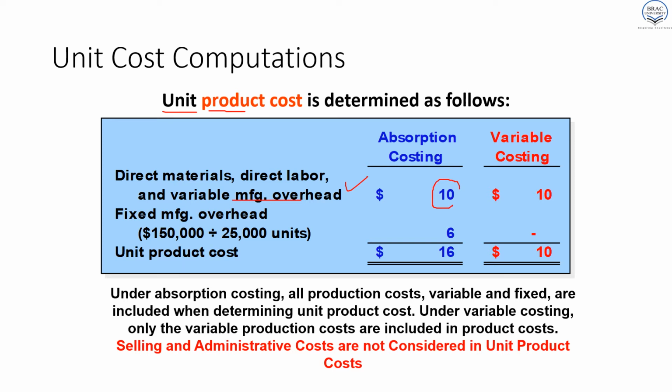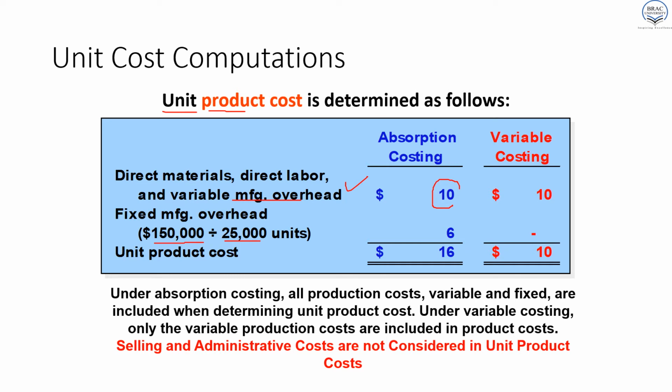For example, here I have already converted them unit wise, so that gives me $10. But for fixed manufacturing overheads, I have to convert it. So how can I convert it? What is this 25,000? That is the total production per year. And what is this 150,000?